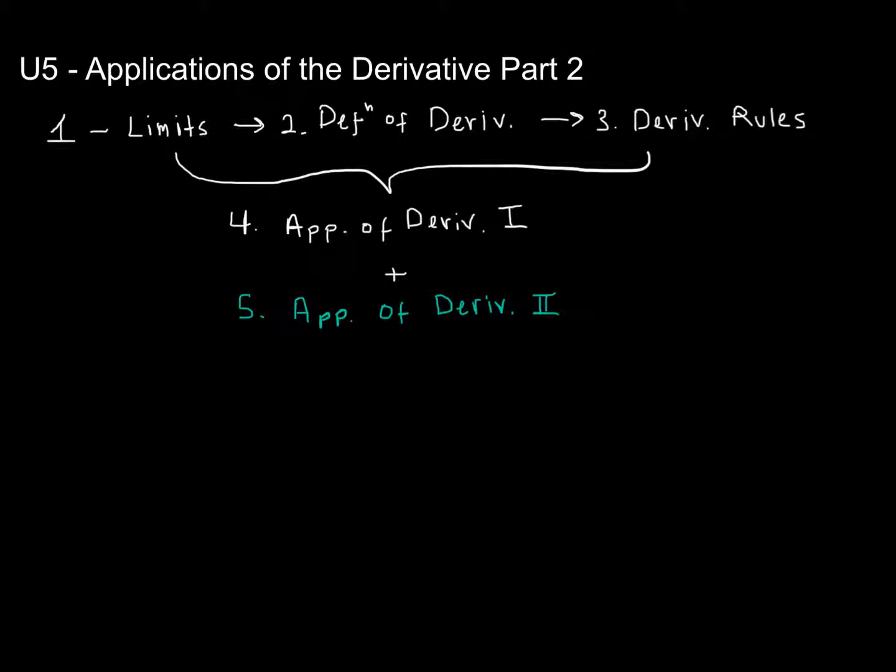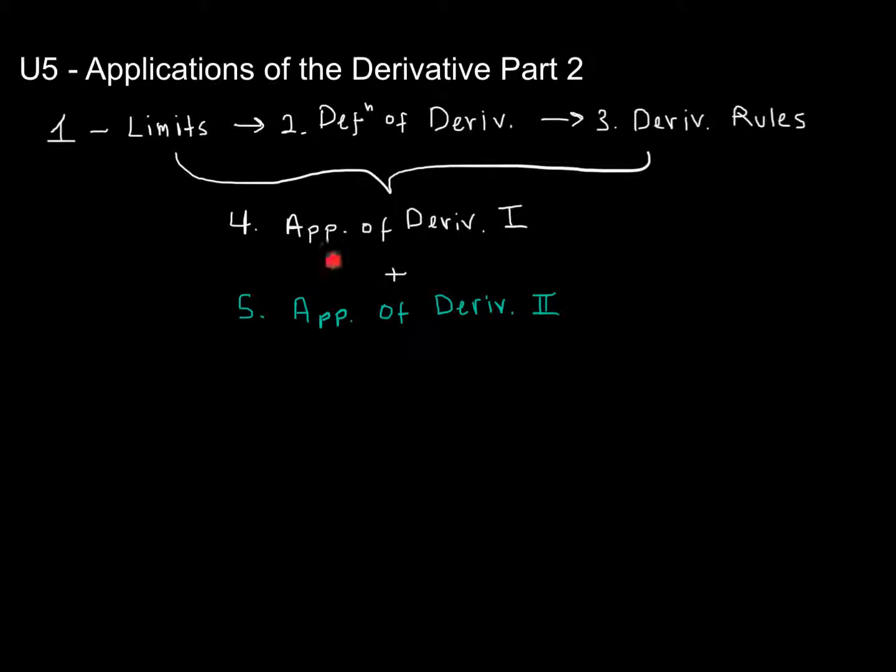And we noticed that when we were using the limit definition, we kept doing a lot of work over and over again. So we came up with and derived some rules for taking the derivative of different functions. And then, armed with the ability to take the derivative easily, we went on and started applying the derivative to some real-life situations in Unit 4 and more so in Unit 5.